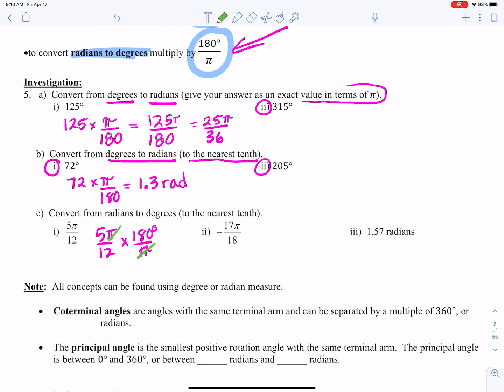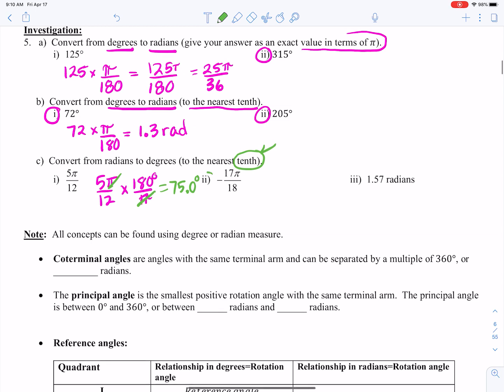So all I need to do to the nearest tenth is put 5 divided by 12 times 180 in my calculator, and I'll end up with 75, and I'm going to put that as 75.0 because it's asking for the nearest tenth of a degree. I'm going to leave number 2 for you, but I'm going to do number 3.